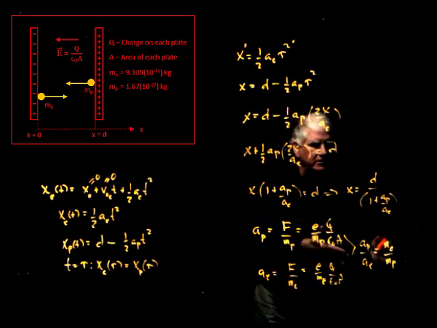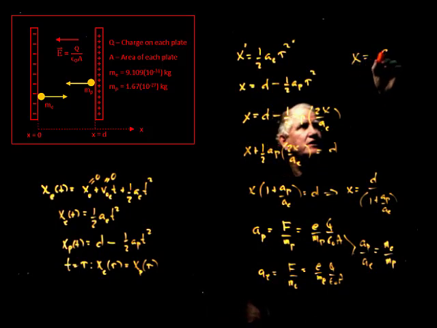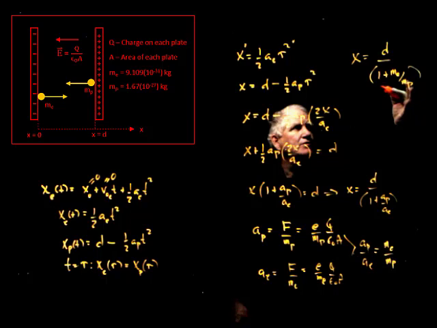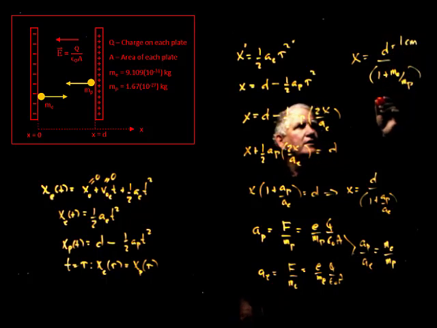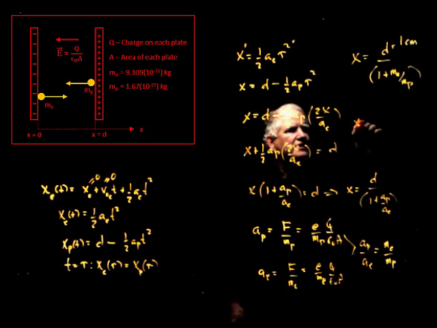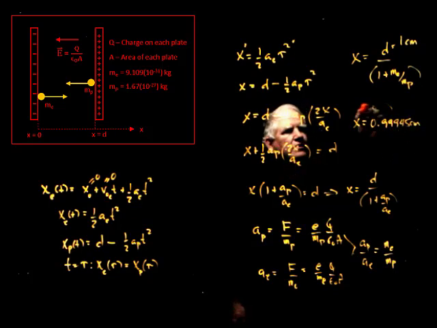And all we need to do now is to insert that into this equation, and we'll get x is equal to d divided by 1 plus m sub e all over m sub p. And if you put the numbers in, 1 centimeter here, you're going to find that x is equal to, I believe it's 0.99945 centimeters. Okay?